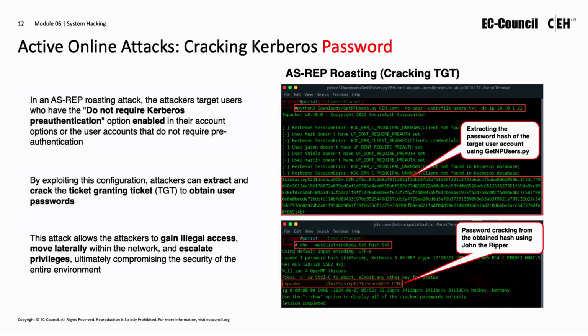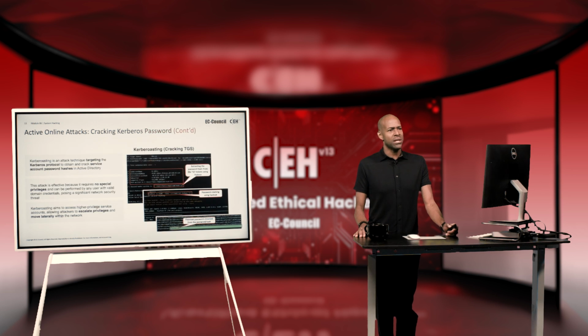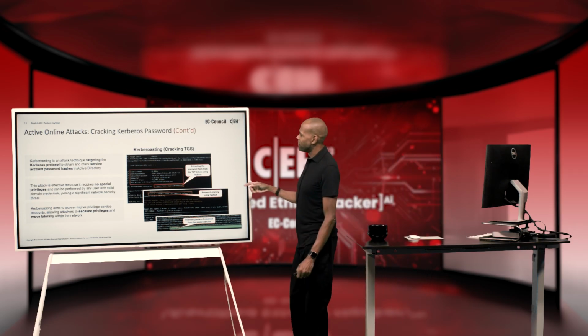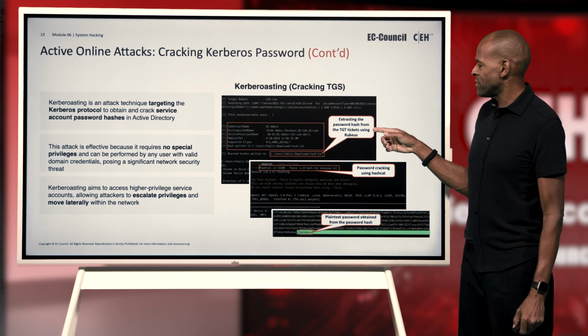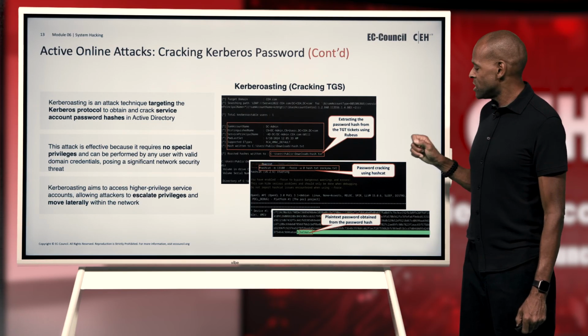So we can use a couple different tools here to extract the password hash of the computer because of that misconfiguration. But let's look a little bit further. What we see here is that they are looking at the Kerberos protocol, they're targeting Active Directory, and let's go over here to the slide. We'll see that they are extracting the password hash from that TGT service.